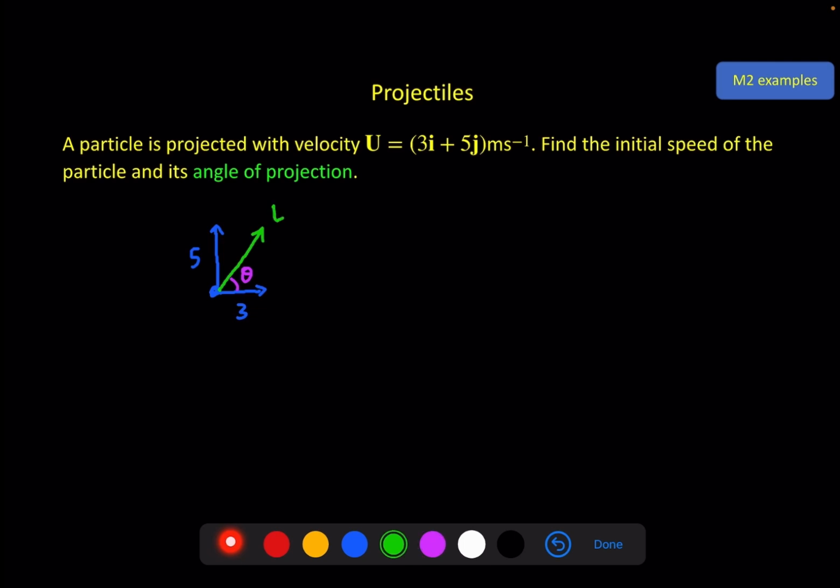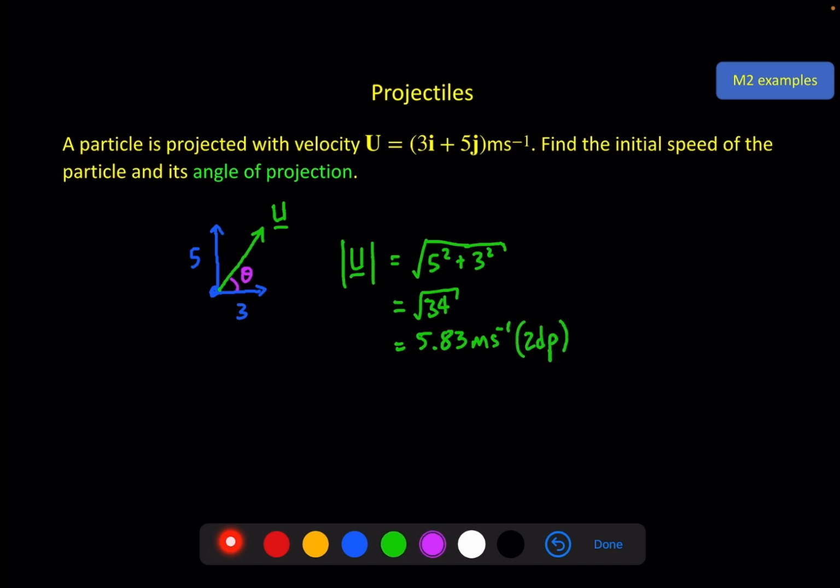So I'm going to call this u as a vector, and then when they say find the initial speed, I will write this in the magnitude symbol like this to indicate that this is the speed I'm finding, and you know how to do this, it's Pythagoras. Square root of 5 squared plus 3 squared is equal to square root of 34, or 5.83 to 2 decimal places.